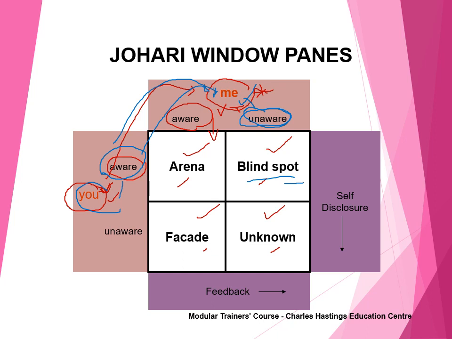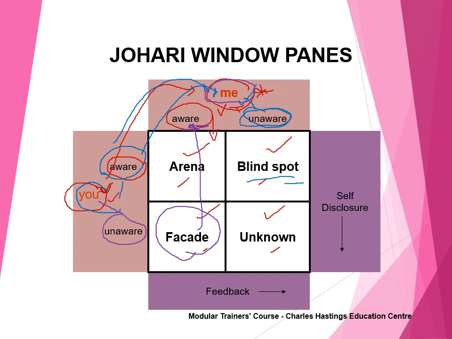Okay, now we go to the next situation in a relationship, that is facet. Okay, facet or facade of facet lah. Okay, facet here is a situation where me aware, sebab dia duduk sebelah sini me aware, we refer to me, and at the same time but you are unaware.